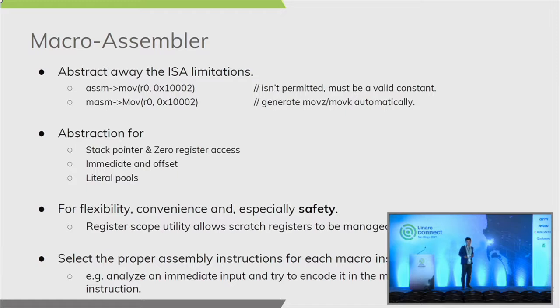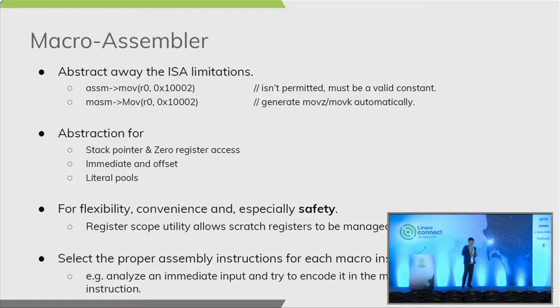Alternatively, you can generate it using the microassembler API. Note that the microassembler inherits from the assembler, so you can use both APIs interleaved at the same time during code generation.